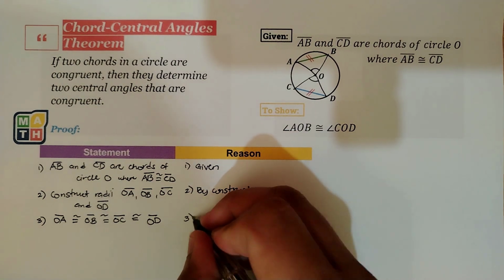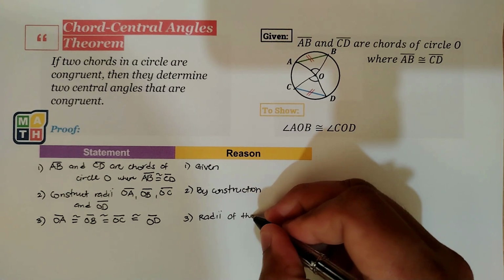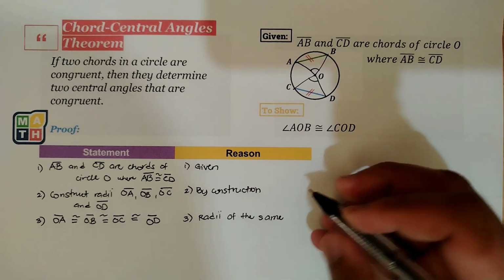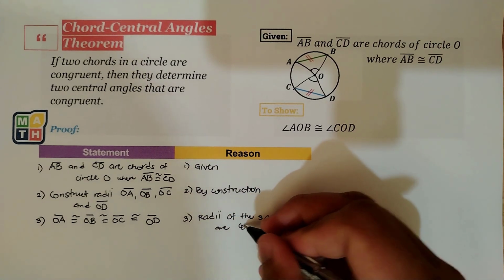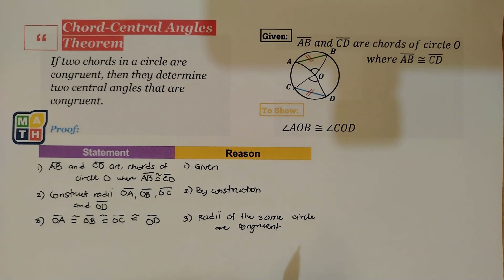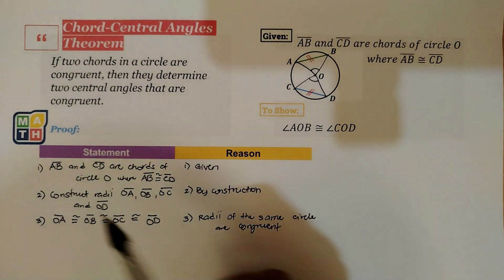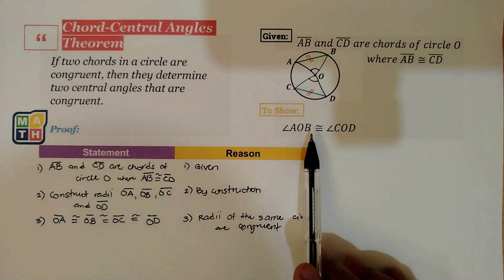The reason for this is that they are all radii of the same circle, and we have that statement that radii of the same circle are congruent. We did this later, and we simply place it here so that this will be connected to step 2. But of course, we need this later to show our proof here.